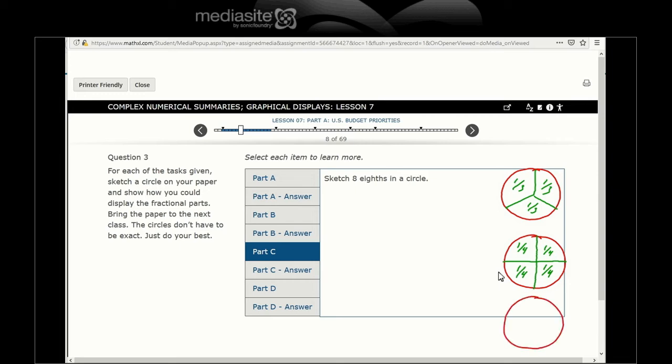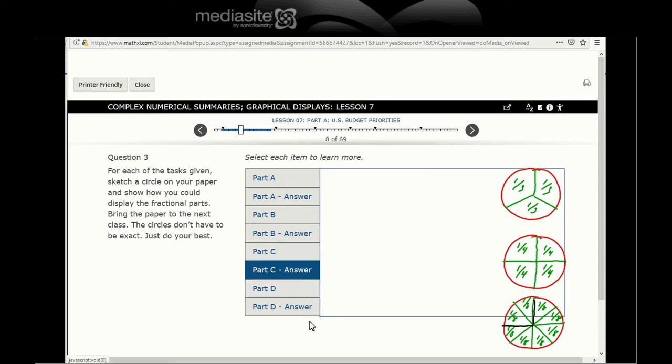Well, let's get the quarters again, and let's cut the quarters in half. One eighth, an eighth, an eighth, since two eighths make a quarter.